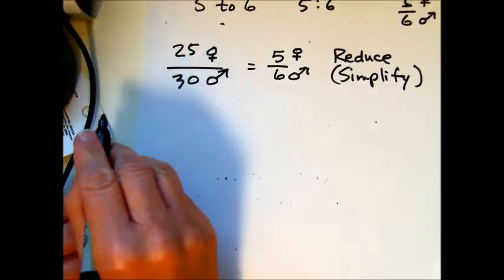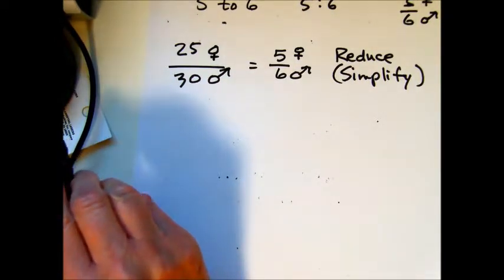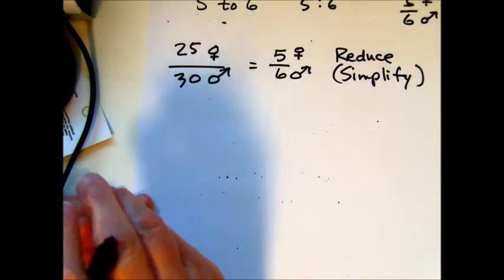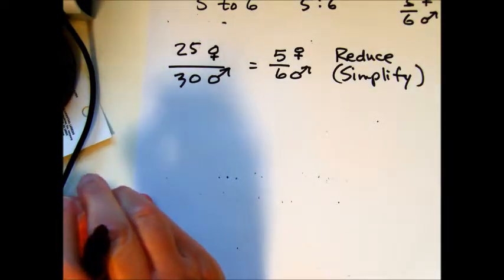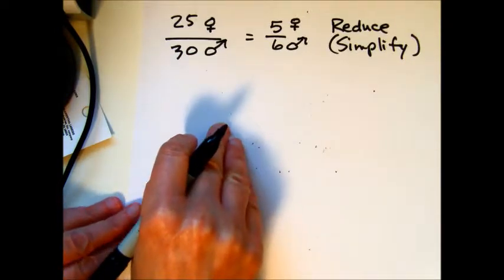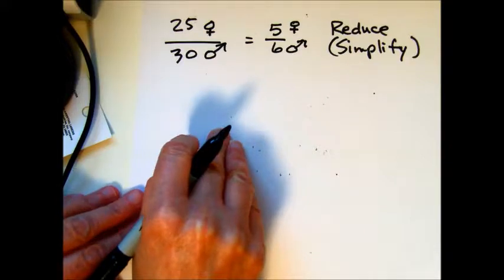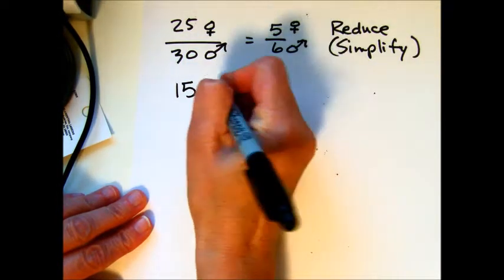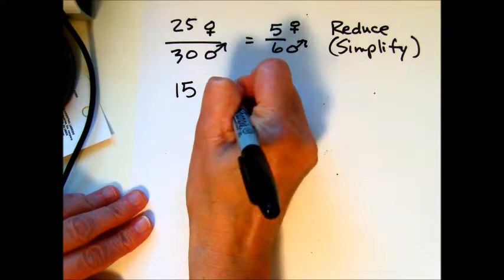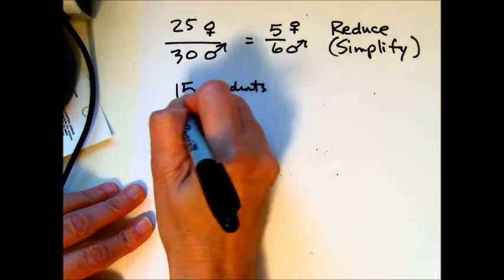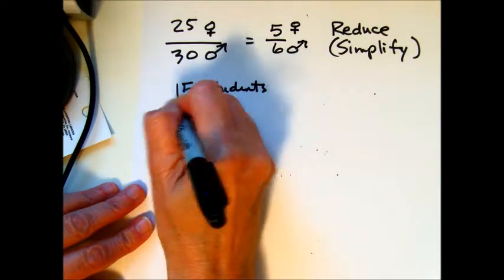But we do not want to convert an improper fraction, or what looks to be an improper fraction, to either a mixed number or a whole number. And so let me give you an example. Say we have 15 students out of 10 classes.